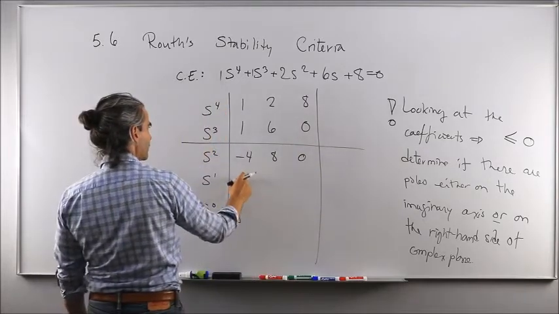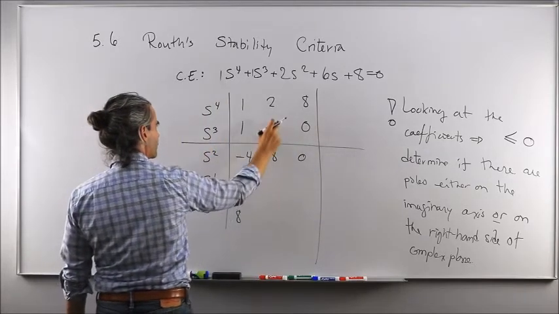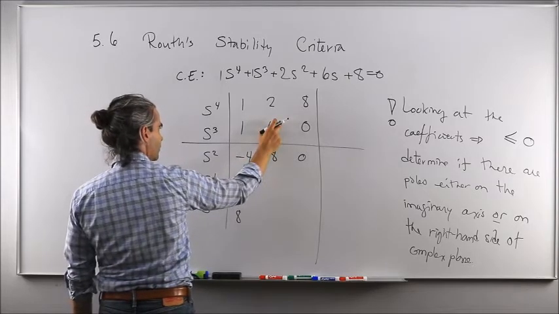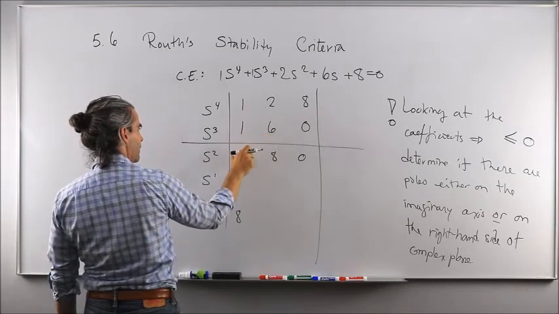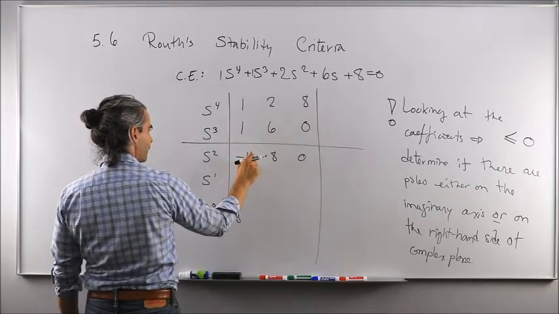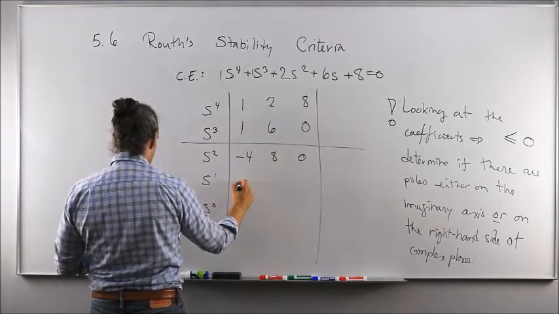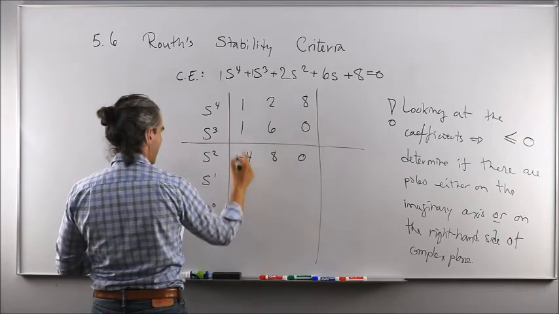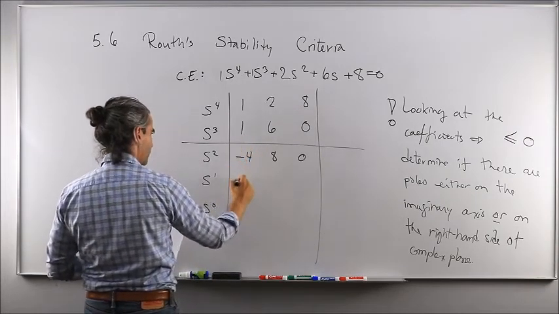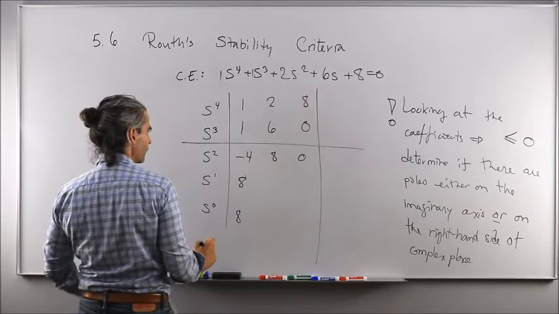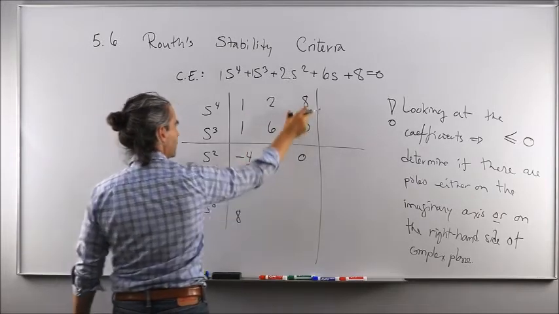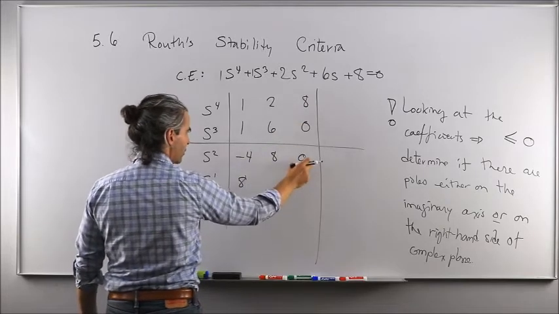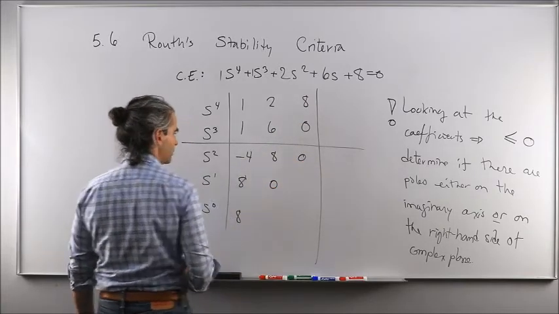This one, minus 4 times 6, that's minus 24, minus 8, minus 32, divided by minus 4, that's 8. This one here is going to rely on those two, but because those are 0, I know right away that the answer is going to be 0.